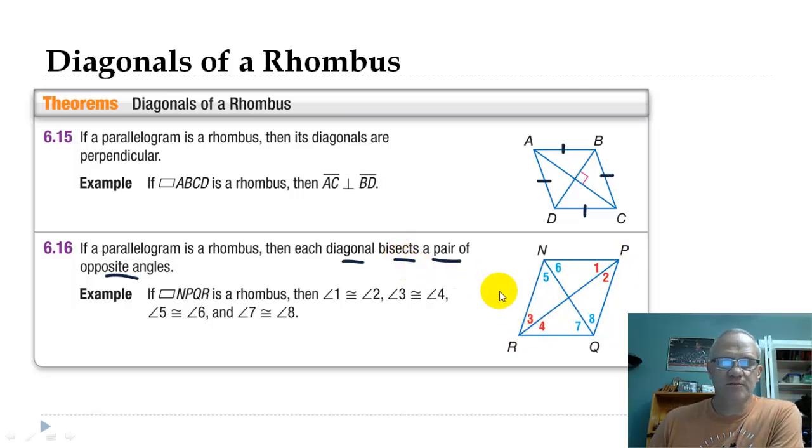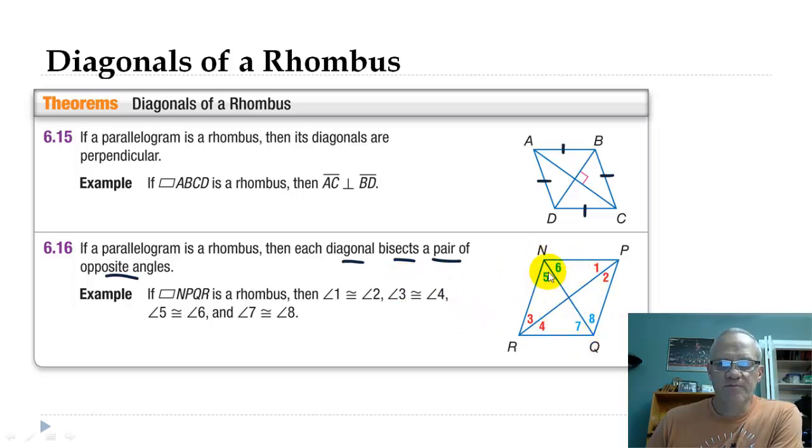It bisects it. So angle 1 and angle 2 are congruent to each other, and angle 3 and angle 4 are congruent as well. All 4 of those, 1, 2, 3, and 4, are congruent to each other. The other diagonal cuts angle N and angle Q into 2 pieces, and so 5, 6, 7, and 8 are all the same as well.